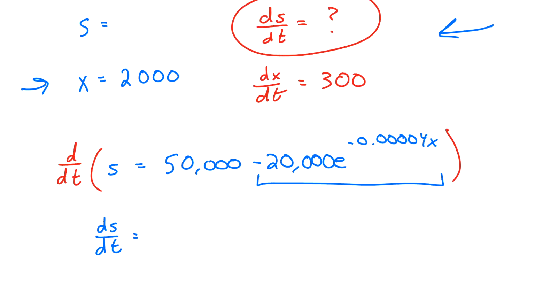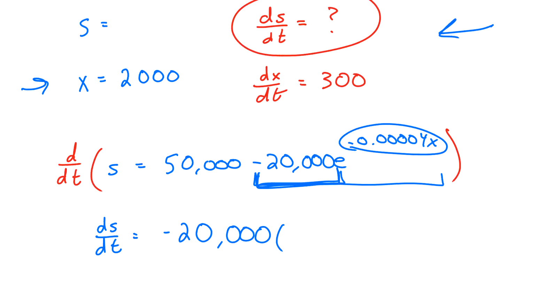So negative 20,000, first of all, this is just a constant multiple, which means it just comes down to our next step. Negative 20,000 times the derivative of our power. Well, here in this case, the derivative of our power negative 0.00004x will just be negative 0.00004.